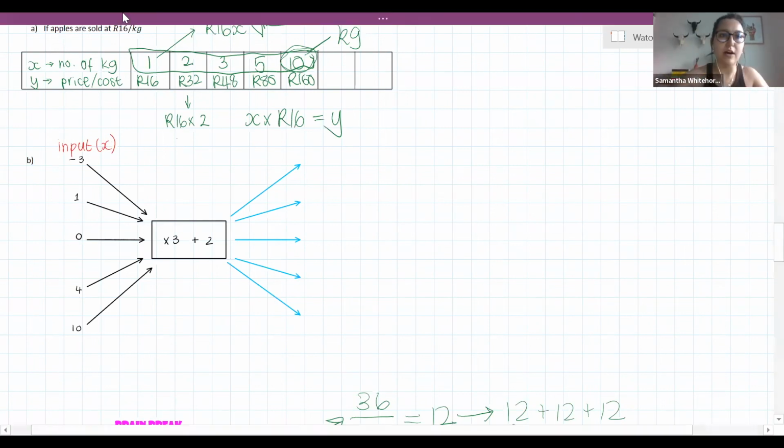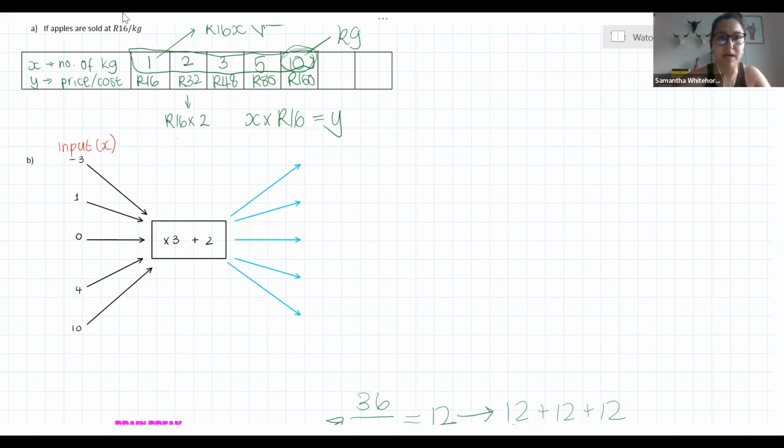So let's follow our first spider leg. We're going to take an input of -3. We're going to put it into our machine. And the first thing we're going to do is times it by 3. So hands up or quickly in the chat, what is a -3 times a +3? Bontle, tell me. Ma'am, it is -9.